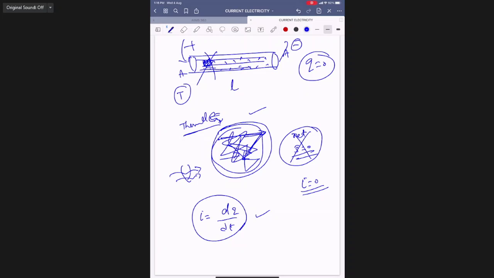But whenever you apply a potential difference, one end at high potential, one at low potential, an electric field will be there, V equal to E. Therefore, electrons will get an acceleration equal to force by mass. If the electric field is to the right, electrons, being negatively charged particles, experience a force and acceleration. Because of this acceleration, these electrons, by default in thermal motion, will have an additional push.